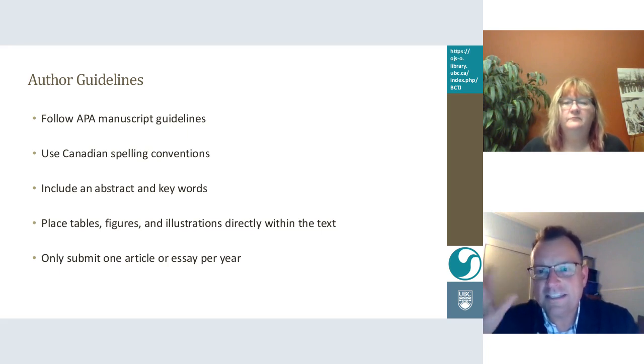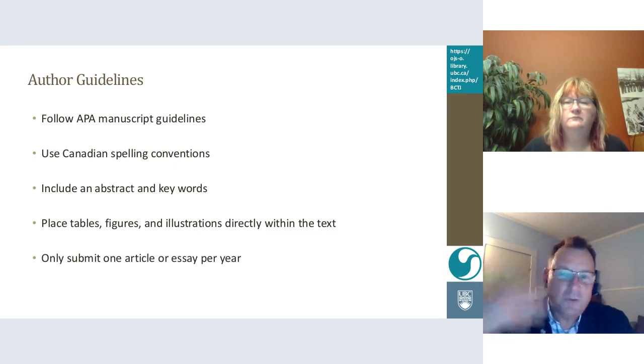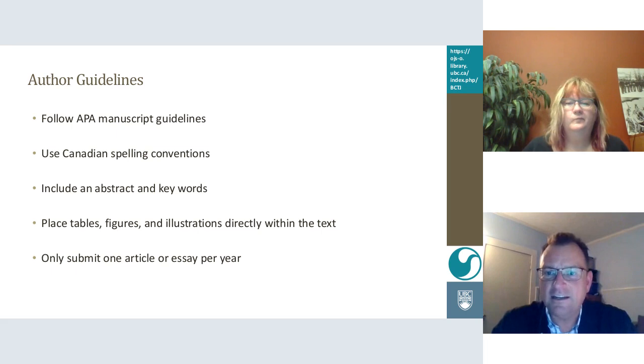We usually follow the 6th edition. There's a 7th now, but don't worry, nobody's ever been rejected because they haven't followed APA formatting. We're happy to help with that. And we also use Canadian spelling conventions and some other quirky things that we do here in Canada for our journals. And there's information about that online as well.